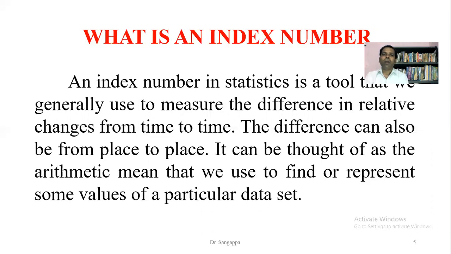See here now, index number is generally used to measure the difference in the relative changes from time to time. So what are the changes that will happen? The price of the commodities from time to time.